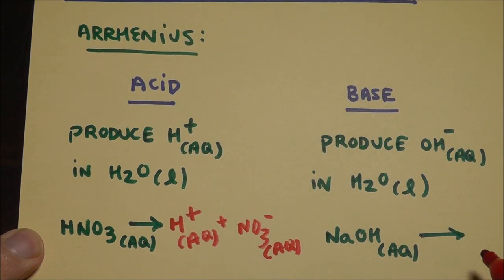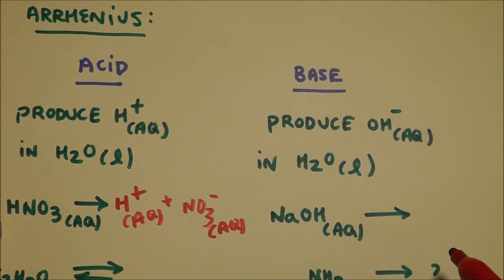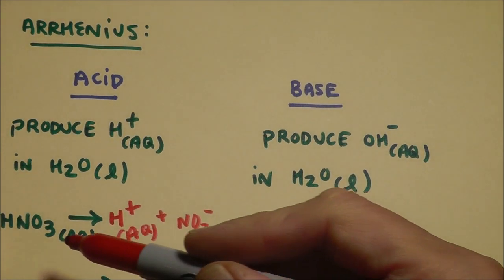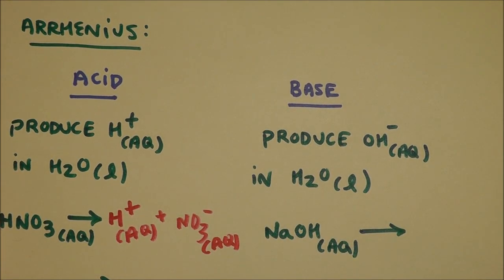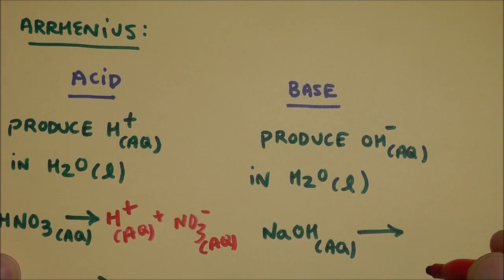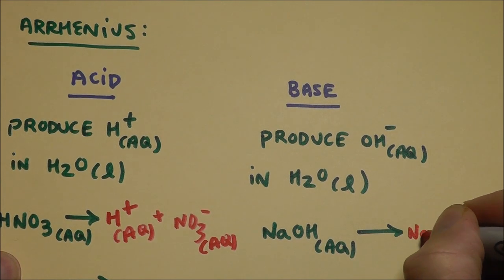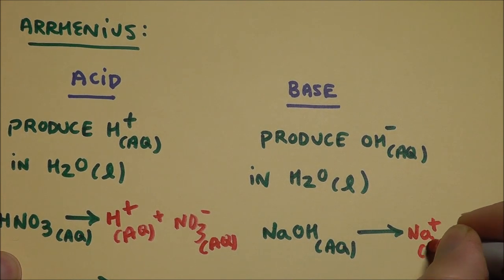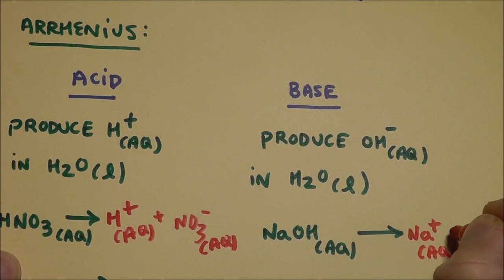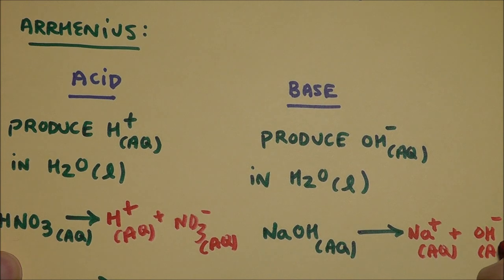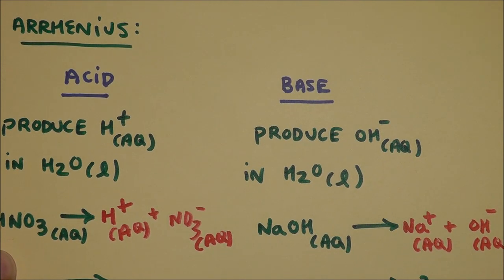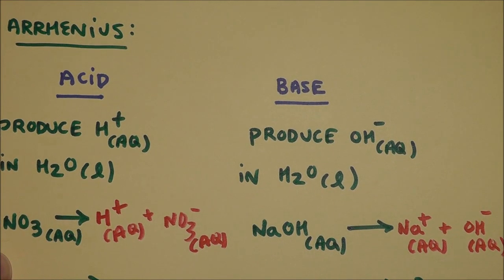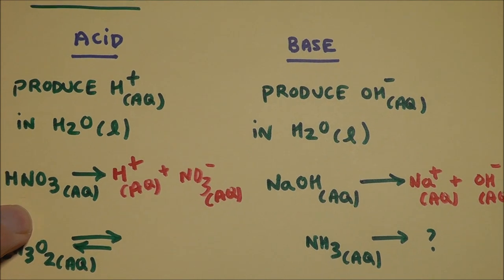We could say here's NaOH, and you can see that an acid's got an H on it and it would make H+, and a base would have an OH on it, and that would telegraph to you that when it dissolves in water, of course sodium, anything dissolves in water, it would make hydroxide ion. And so that's a kind of simple version of what an acid and base are.